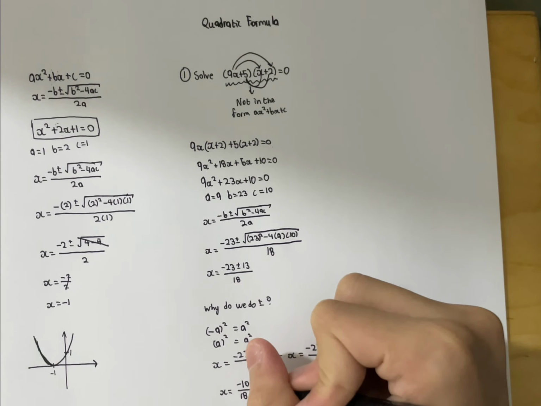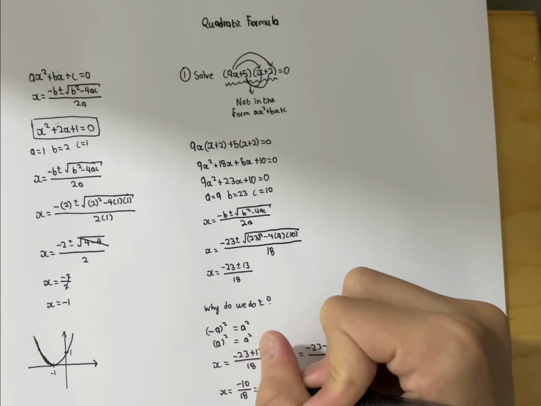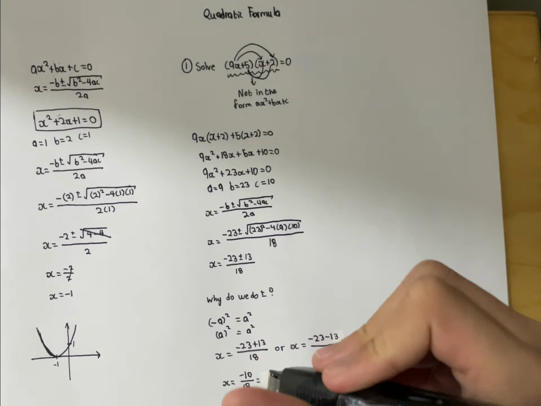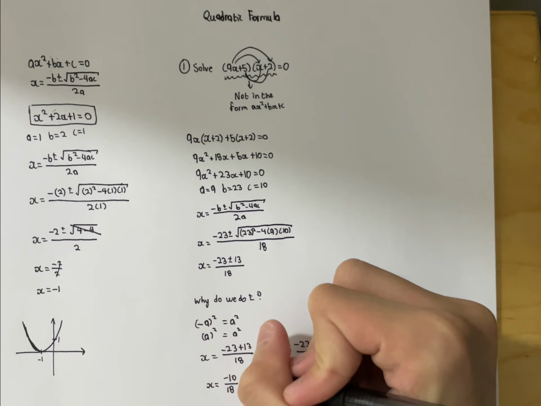Which is also just going to be equal to, oh sorry, my brain kind of hung there. It's just going to be equal to negative 5/9.